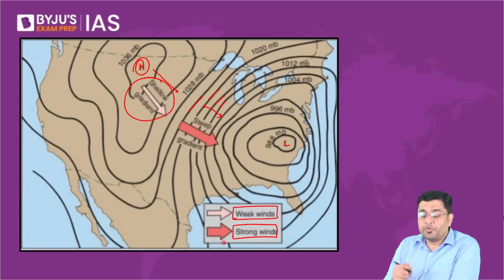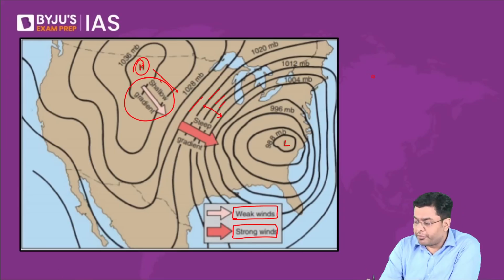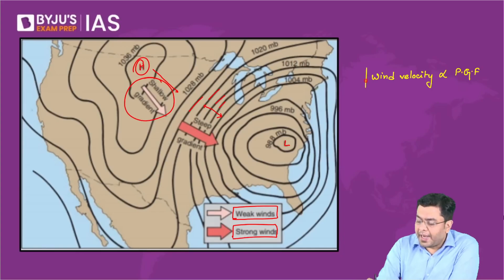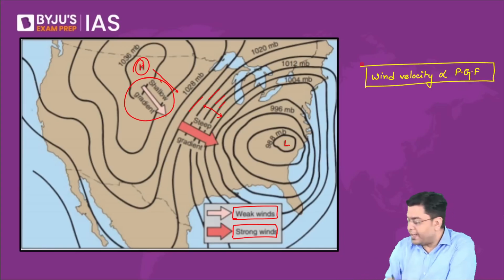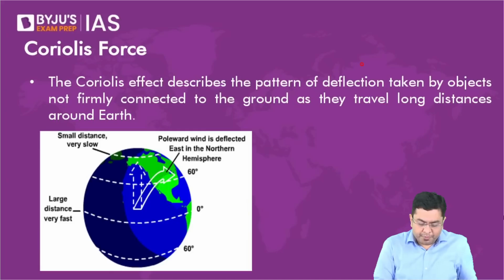So the wind movement is primarily determined by the pressure gradient force. We can also say that wind velocity is directly proportional to the pressure gradient force. If the pressure gradient force is high, the wind velocity will also be higher, and vice versa. So that is basically the aspect of pressure gradient force.